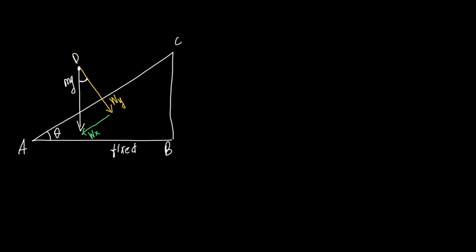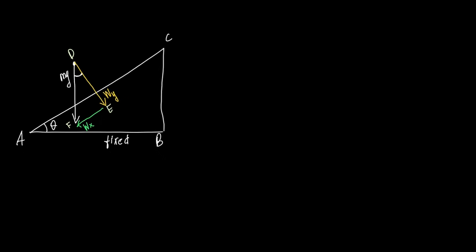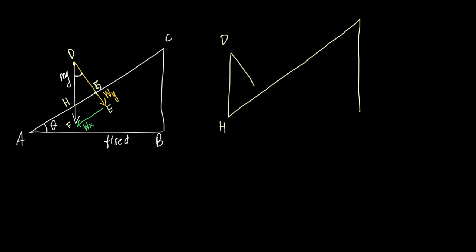Let us say this is D, E, F, and this is G and H. Please try to pay attention here. I'm going to draw only certain lines here. So this is D, this is H. It goes like this, comes like this.